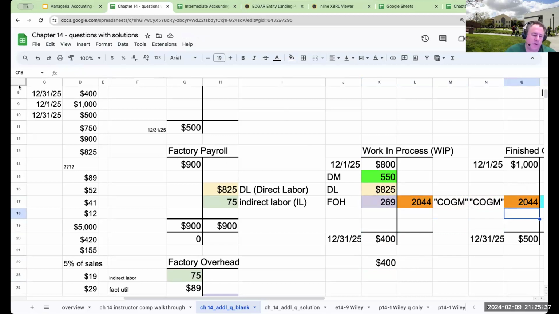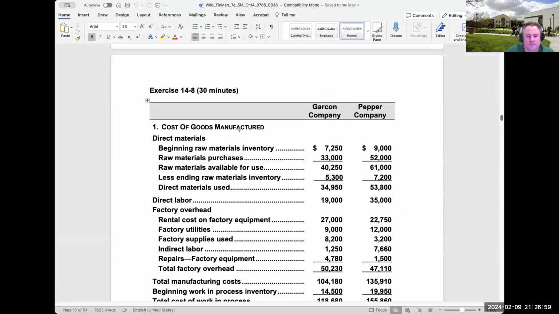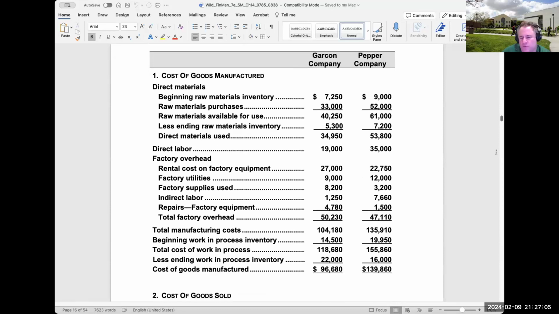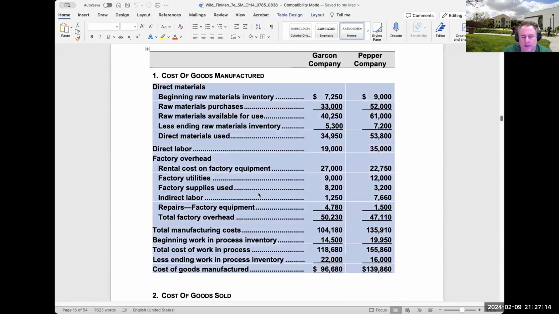I'm going to pause really quickly one moment to share with you something why I like using T accounts for this. The reason why I use T accounts, and this is a solution manual for a publisher, the way they go through and show it here, like for the cost of goods manufactured, we're getting to the same result, but this to me is way more confusing. It's a bunch more stuff to go through and memorize, right?